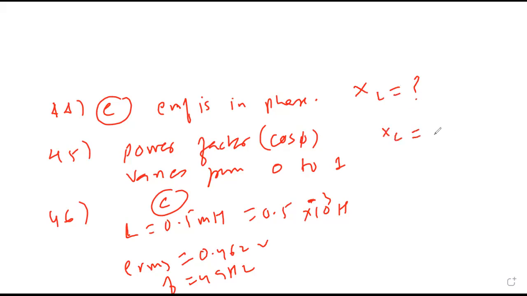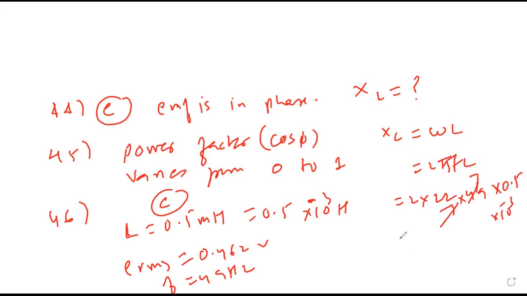Formula for reactance is omega into L, which is 2 pi f L. Pi is 22 by 7, f is 49, L is 0.5 into 10 raised to minus 3. 2 into 22 by 7 into 49 into 0.5 gives 154 into 10 raised to minus 3, that is 0.154 ohms. Solve.